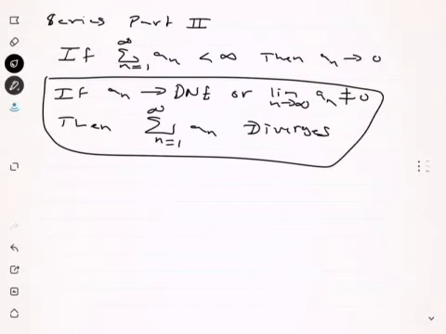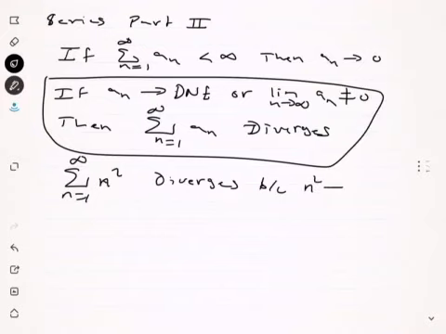So a lot of series diverge in the following sense. This series, A, the sum of n squared as n goes from 1 to infinity, diverges because n squared goes to infinity, so the limit does not exist.